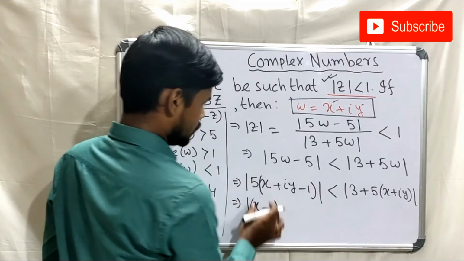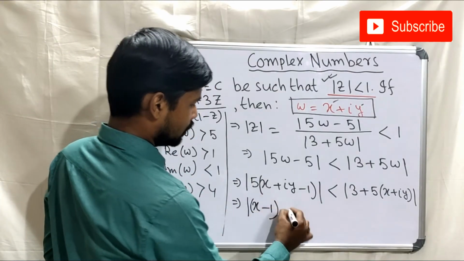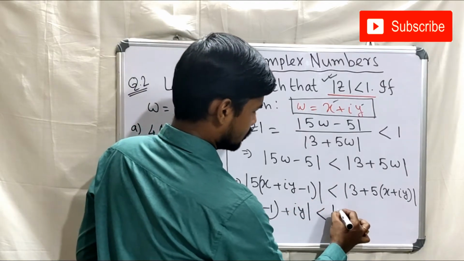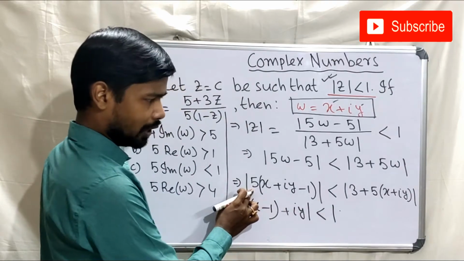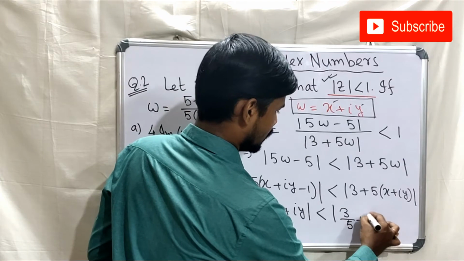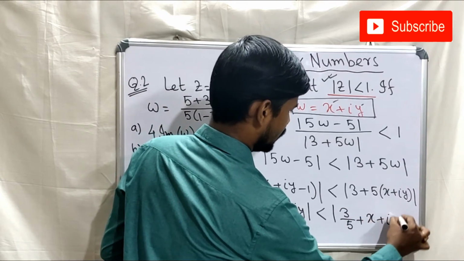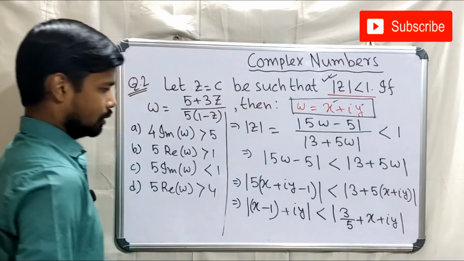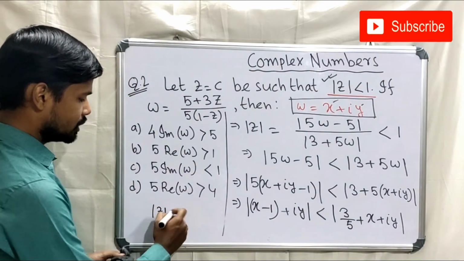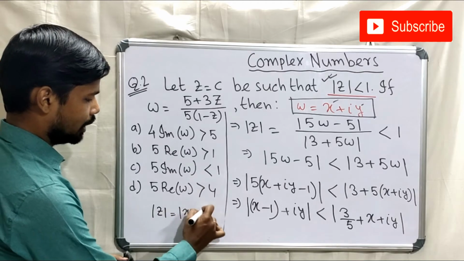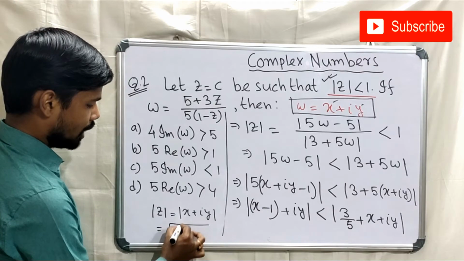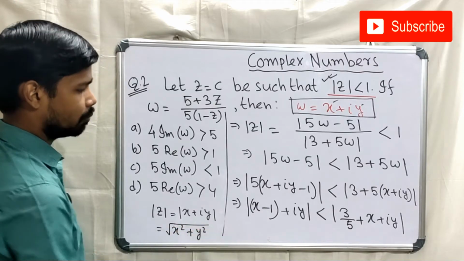So this is the real part x minus 1 and the imaginary part is y, less than, dividing by 5 on both sides, this will be 3 by 5 plus x plus iy, right? We know that if mod z equals mod of x plus iy, then by the property of modulus we can write it as root over x square plus y square.